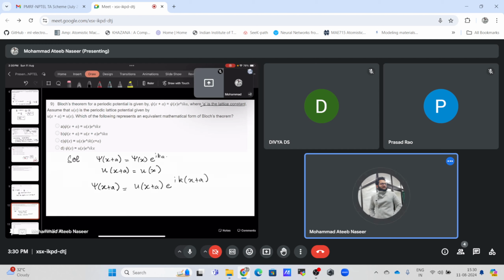But this u of x plus a is simply u of x, and e to the power i k x, and this is simply e to the power of i k a. So psi of x equals u of x times e to the power of i k x.